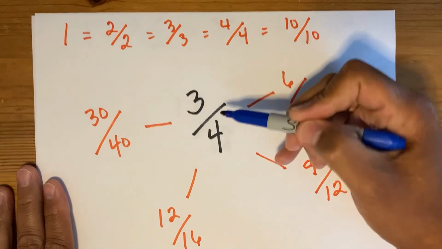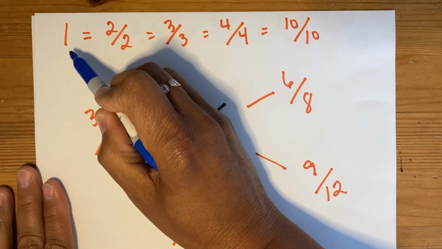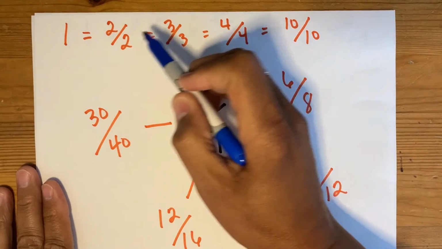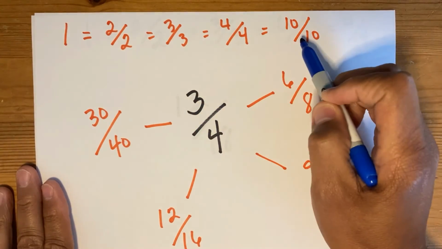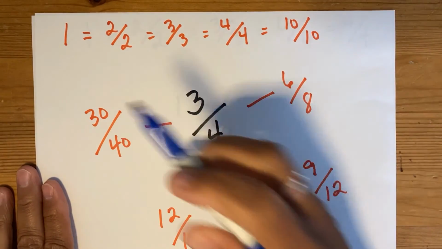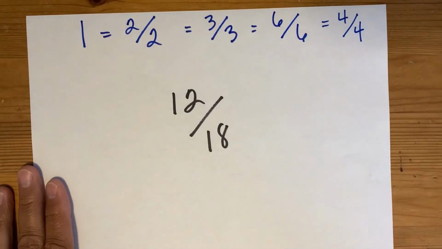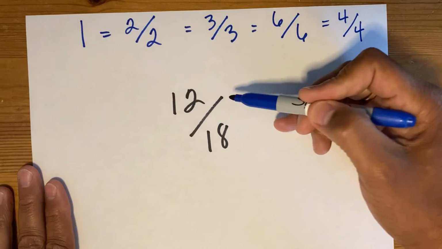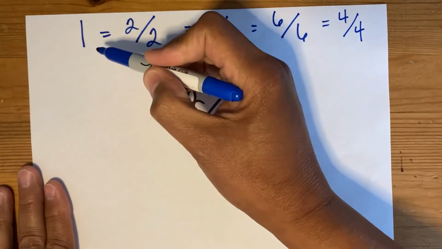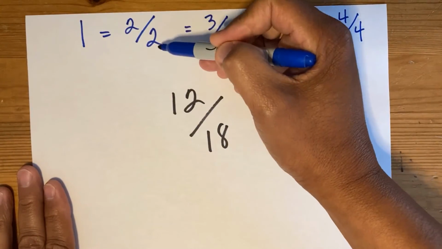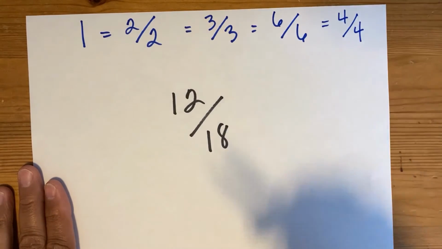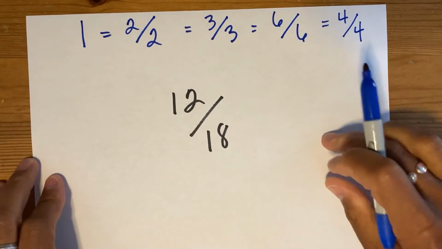Now, I said if you multiply a fraction times 1 or times any form of 1, you should still get an equivalent fraction. That's also true if you divide a fraction by 1. If I divide 12/18 by 1 or by any form of 1, I should get an equivalent fraction.